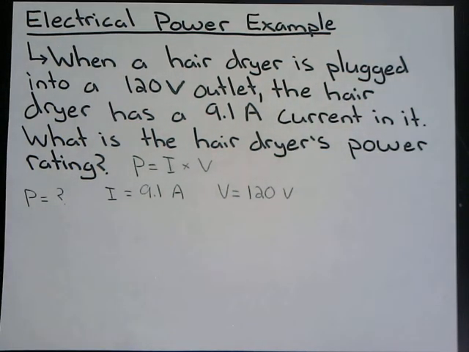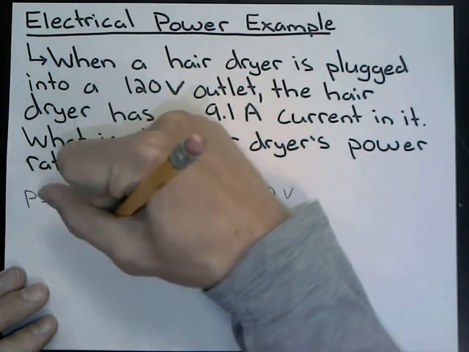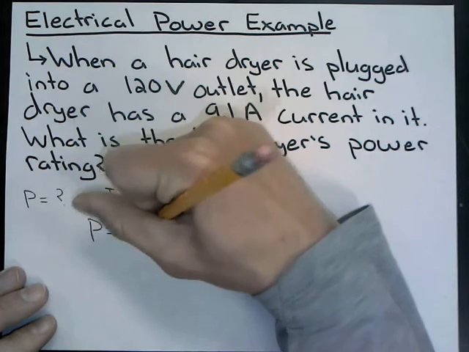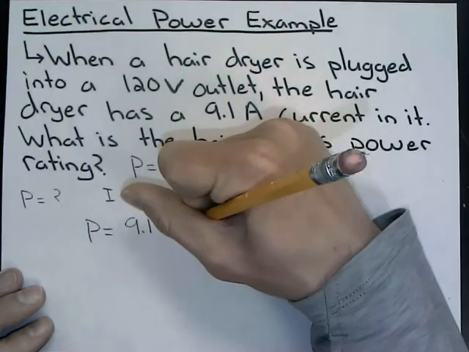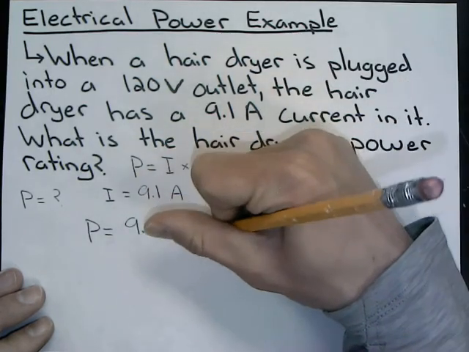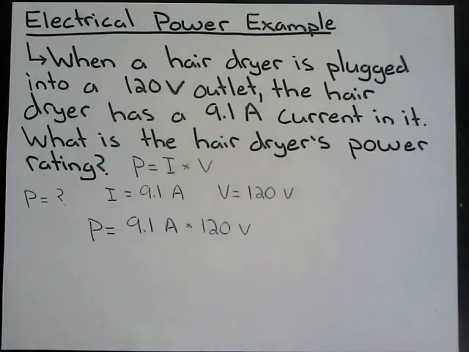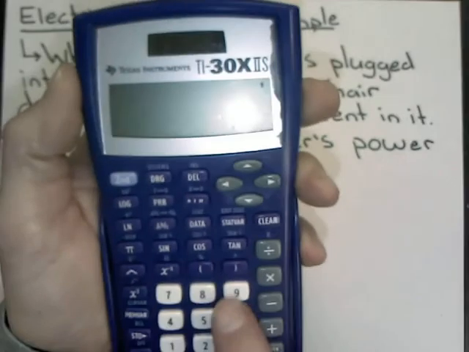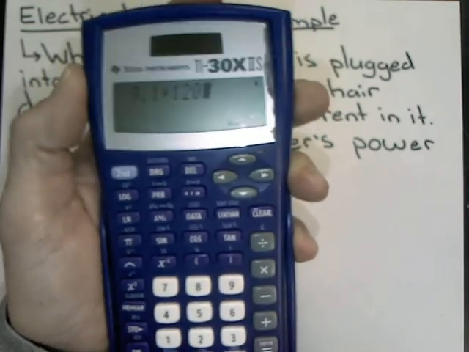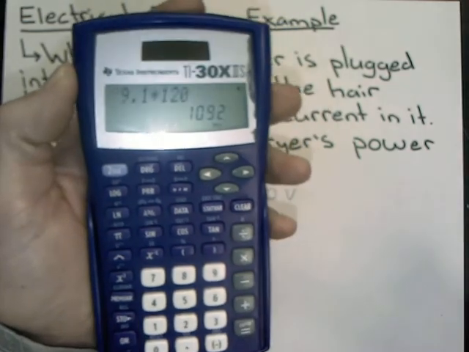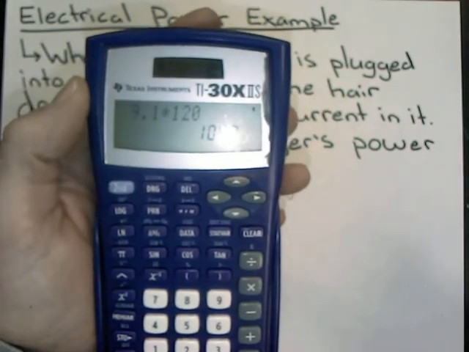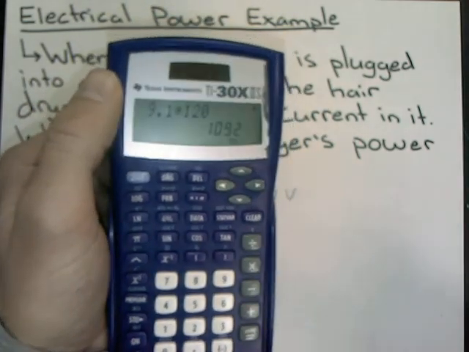Now, we have everything that we need to be able to find power, so we take P equals our amps, which is 9.1 amps, times our 120 volts. And when we do this here, we would take 9.1 times 120, and we would get an amount of power of 1092.